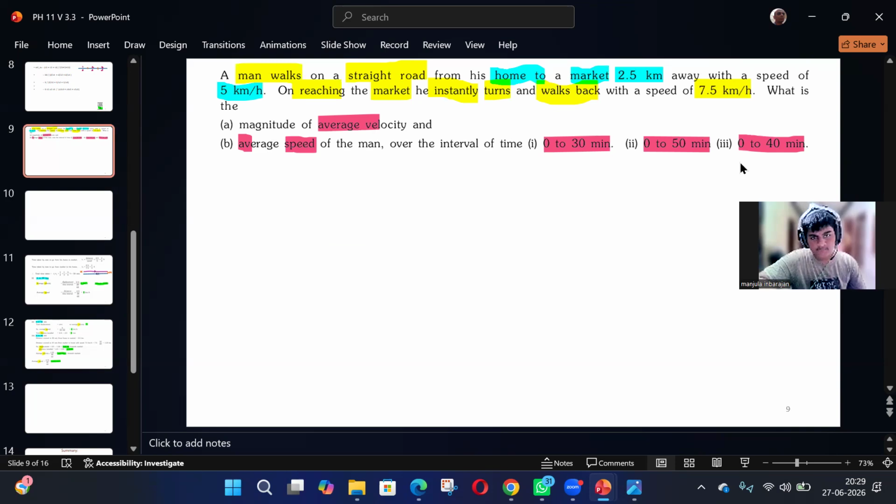So at the end of 30 minutes, you should find where he will be. Based on that, you have to get the answer. Read the question fully before solving it. Kilometers per hour.